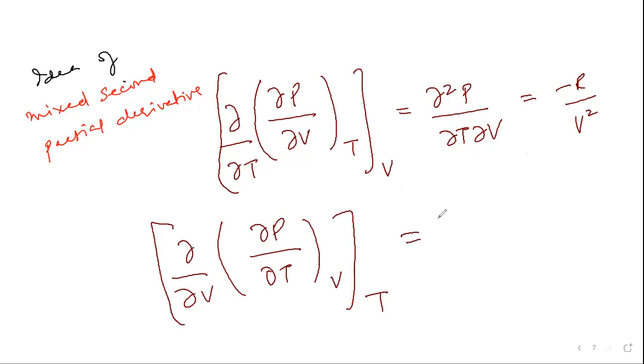I write dou 2P by dou T dou V. Because dou P by dou T at V, I differentiate it with respect to volume, keeping temperature constant. It is dou 2P by dou V dou T. It is also minus R by V square.